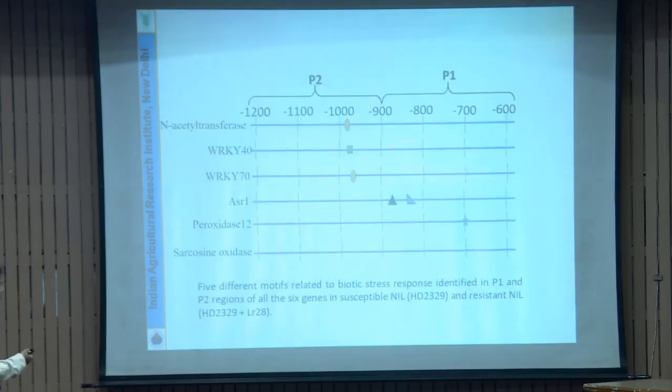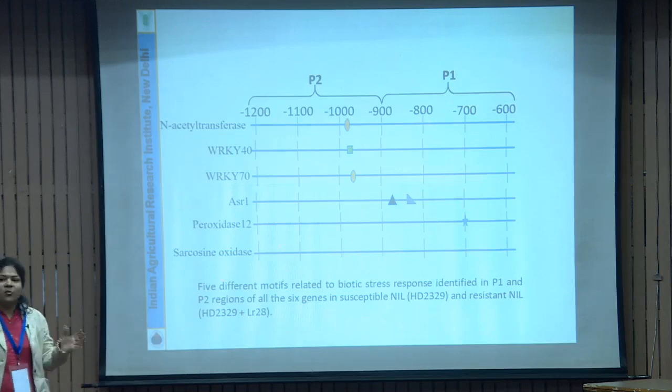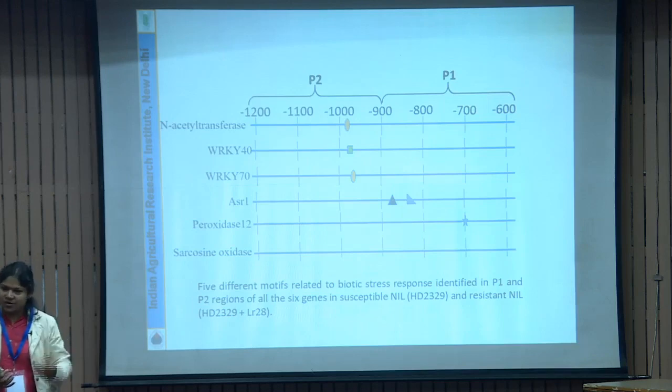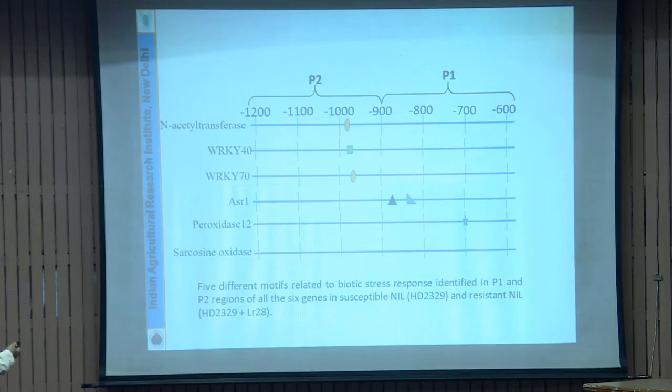This is the region of promoter. P1 is the proximal promoter, P2 is the distal promoter region of these 6 genes. Because any modification in the promoter region of those genes will alter their expression, since transcription factors cannot bind to the promoters and expression of the gene would be altered. So we chose the promoter regions of these genes.